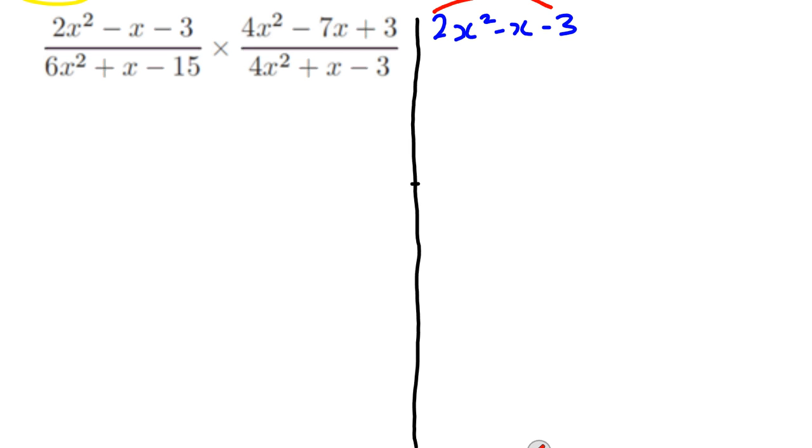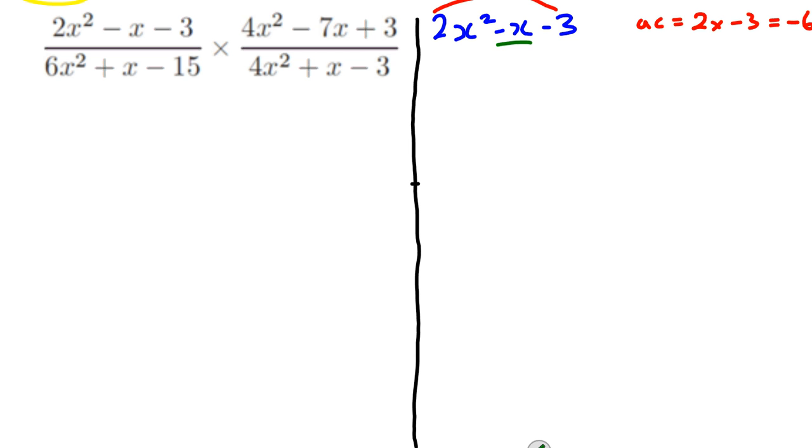So maybe you work out ac first. a times c is 2 times negative 3, which equals negative 6. So what are 2 numbers that multiply to give negative 6 and add to give the middle term? We're going to split the coefficient of the x term. So it's 2 numbers that multiply to give negative 6 and add to give negative 1, because it's negative 1x.